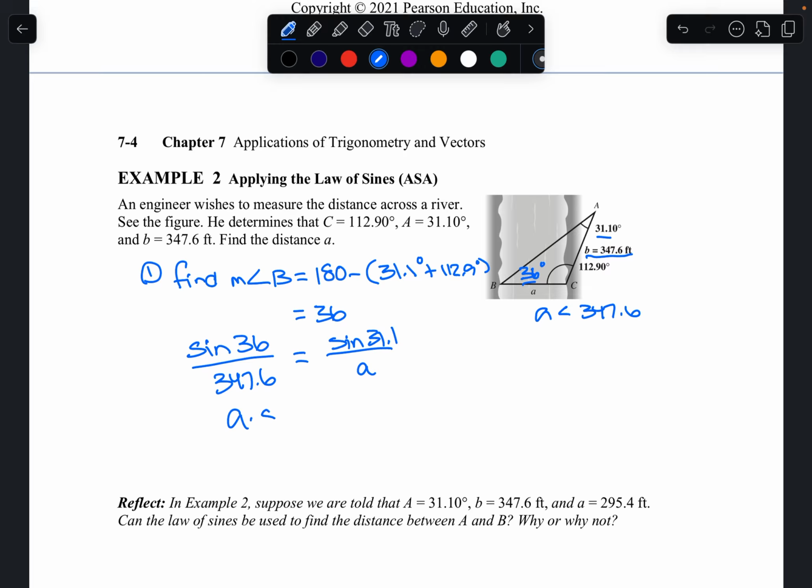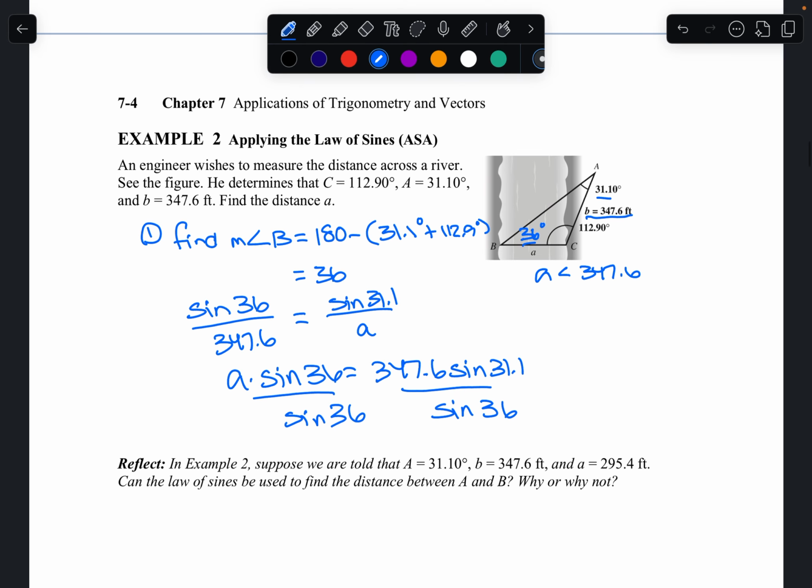Just little helpful tricks along the way to make sure we get this right. So again, we're going to cross multiply: 347.6 times the sine of 31.1. And again, thinking ahead to your Chapter 7 test, which will be next week, this is how I would expect to see the work. Okay? I know you're going to use the calculators, you're going to punch up the answers, but I want to see the work.